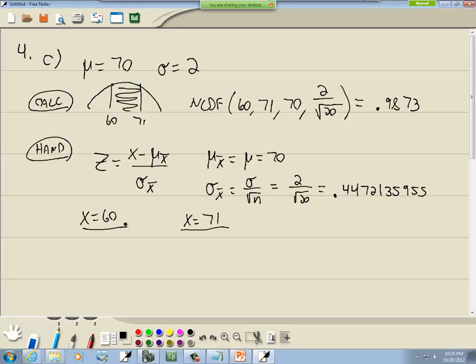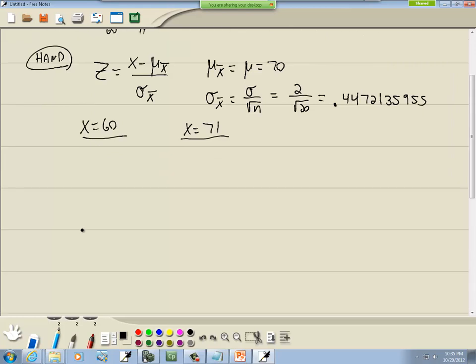Okay, let's convert these. So I'm going to have Z is equal to 60 minus 70 over 0.4472135955. And this one will be 71 minus 70 over 0.4472135955.